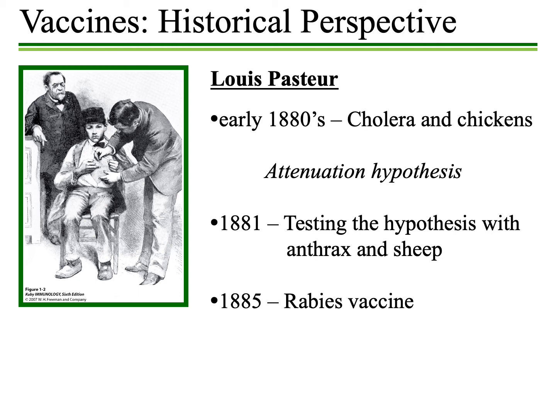Now, Pasteur went on to continue to test his hypothesis by vaccinating sheep with an attenuated form of the bacterium known as Bacillus anthracis, which causes anthrax.